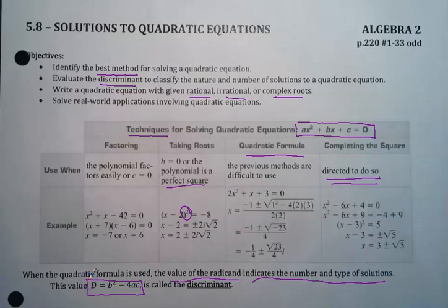We use it in the quadratic formula all the time. What's under that radical right there is called the discriminant. We're going to talk about it some more.